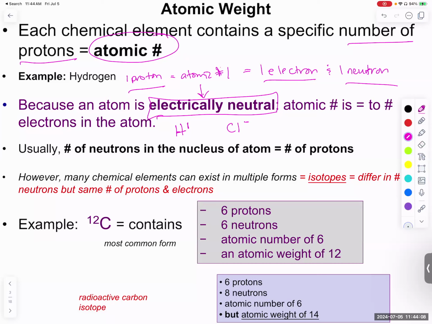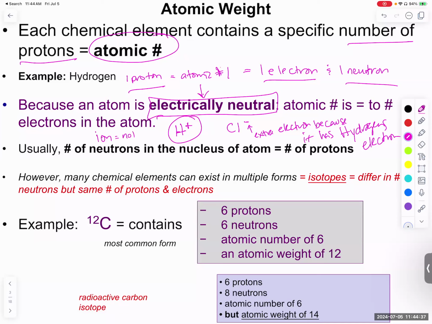And so now hydrogen just has 1 proton. And so that's why you see it has a plus. Chloride has an extra electron because it has hydrogen's electron. Now they become ions. They are no longer neutral.